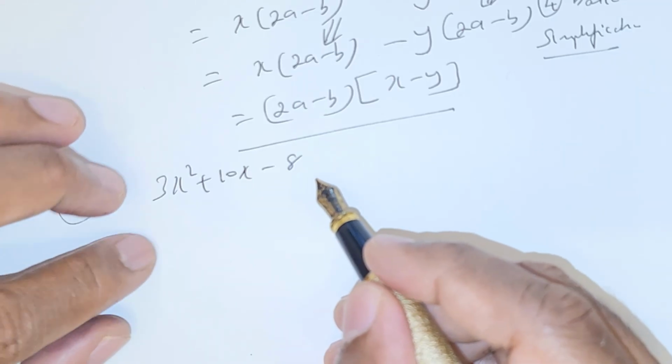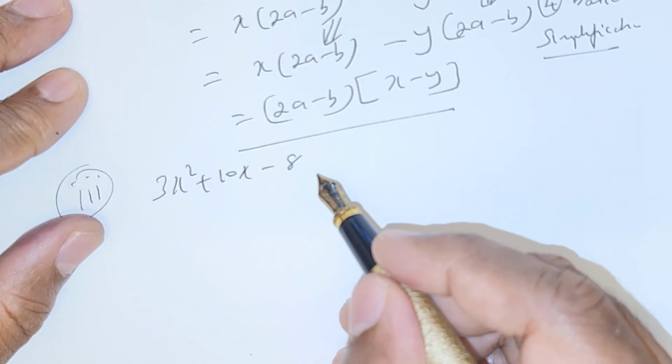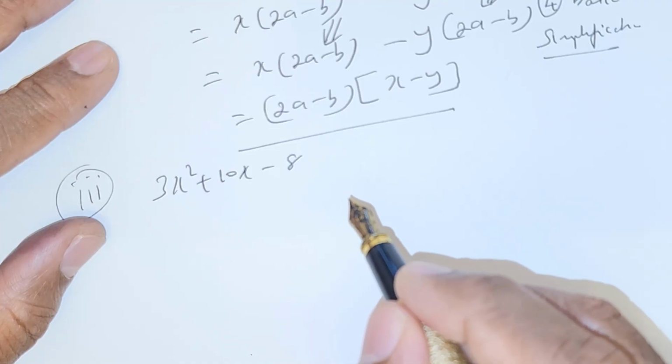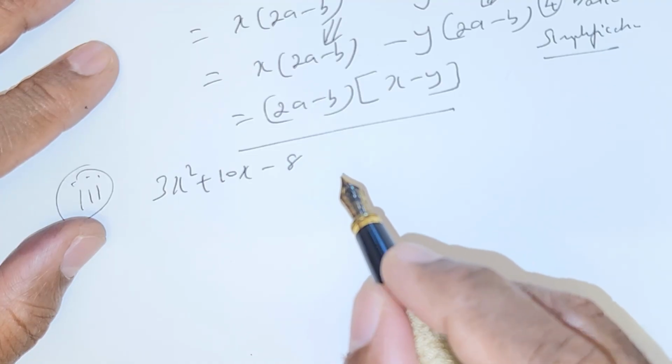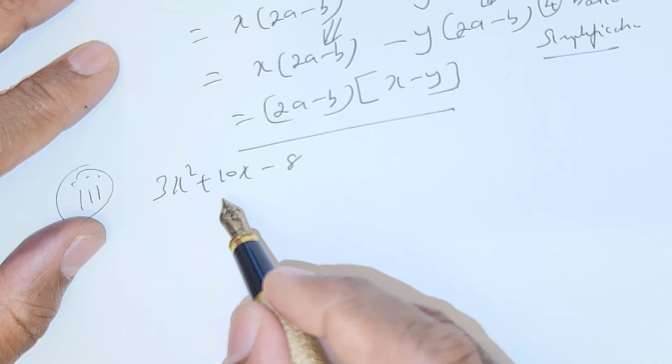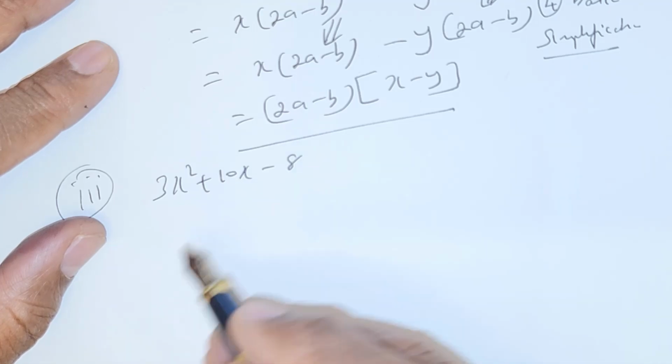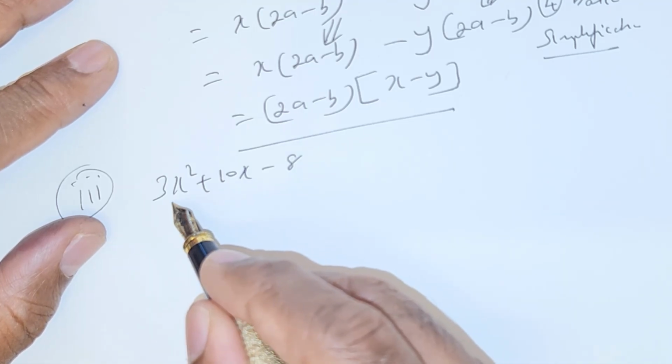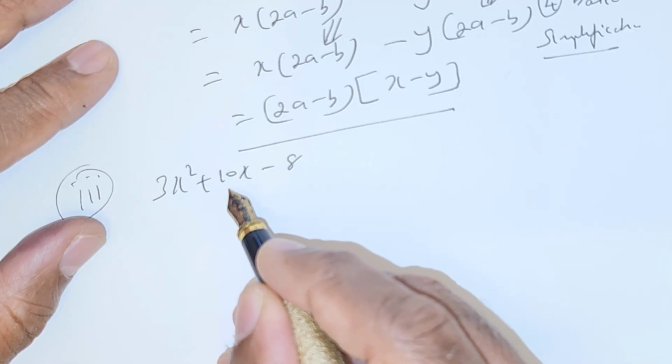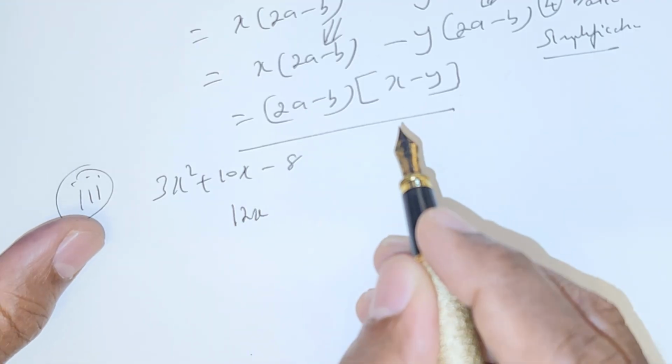Now you can directly use the quadratic formula. Okay, if you don't want to use the quadratic, then you will have to rewrite this 10x as a quantity which 3 can divide. So I'm going to rewrite 10x as 12x - 2x. That is the basic idea.